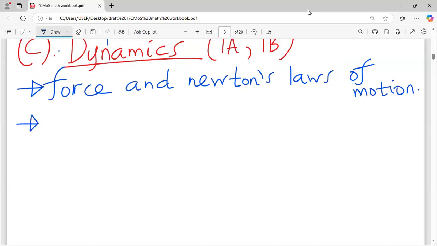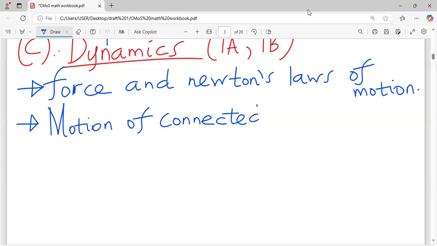We have connected particles, or the motion of connected particles. Have work done, power and energy, linear momentum.